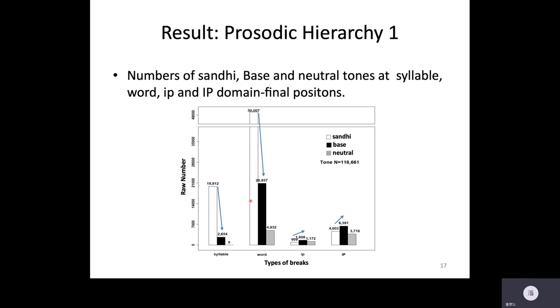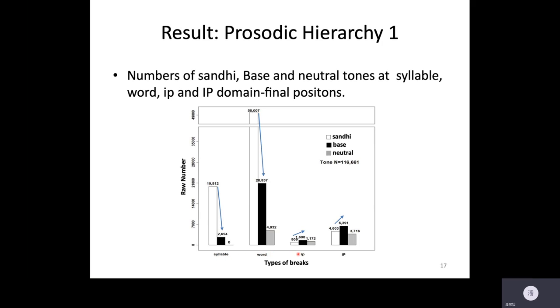Here are the results on the prosodic influences. On the y-axis are the number of Sandhi, base, and neutral tone. Neutral tones are toneless and do not undergo tone Sandhi rules. And on the x-axis are the types of breaks. As we can tell from here, there are more Sandhi tones than base tones before weak, low-level syllable and word boundary.